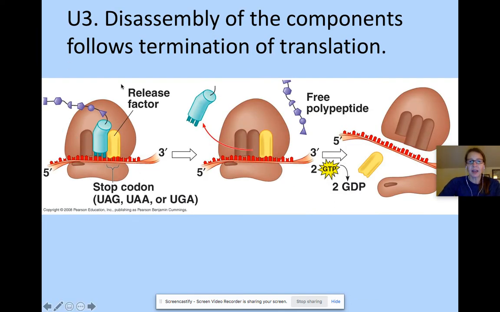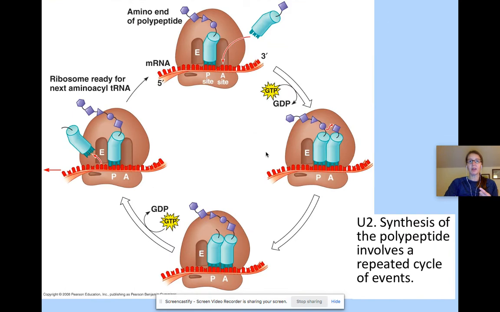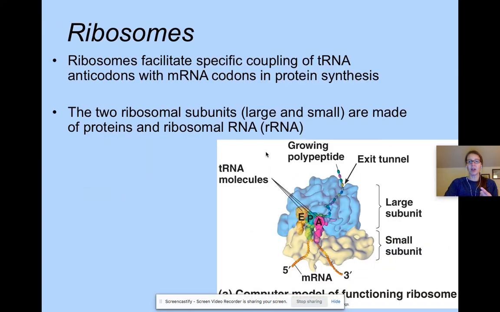And then lastly, we get the termination of translation, which is when we get the release factor coming in. Instead of a tRNA, it's just going to be a protein that can then help disassemble all the parts together when that release factor binds. So when you're breaking down translation, just like in transcription, talk about initiation. So you'll be back here with the initiation complex.